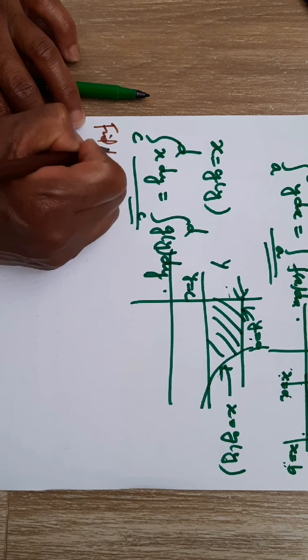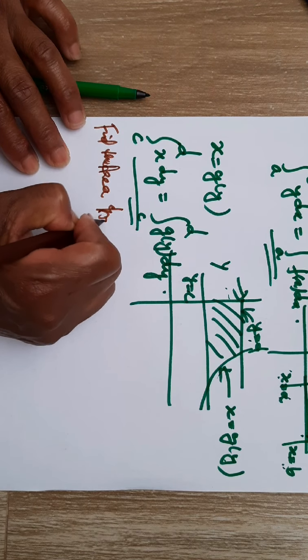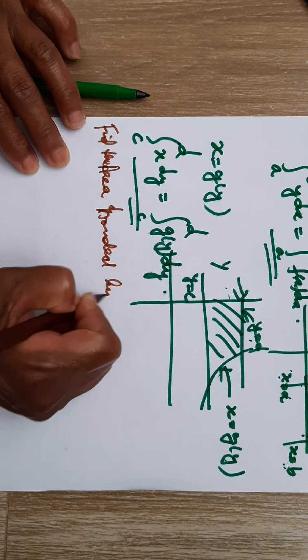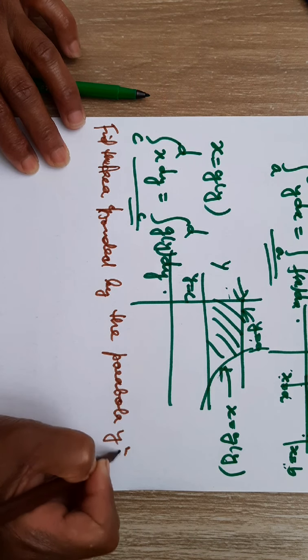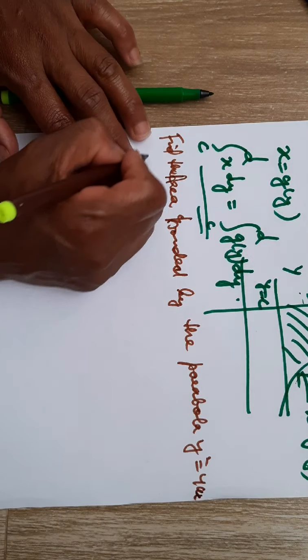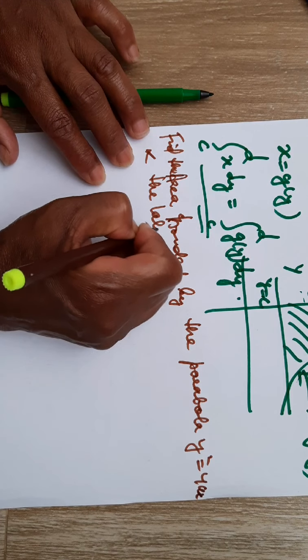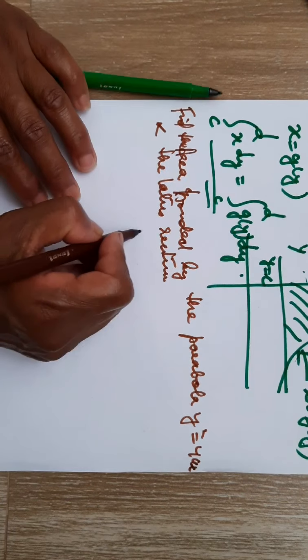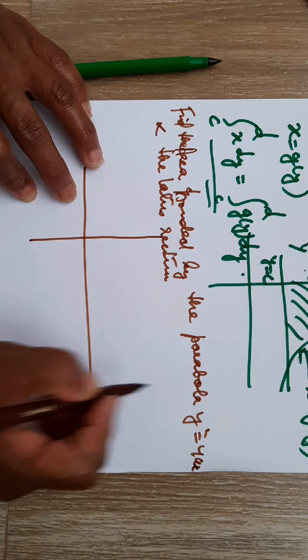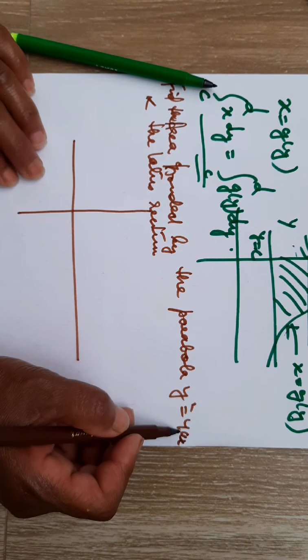Find the area bounded by the parabola y square is equal to 4ax and the latus rectum. Let us first draw this parabola y square is equal to 4ax.